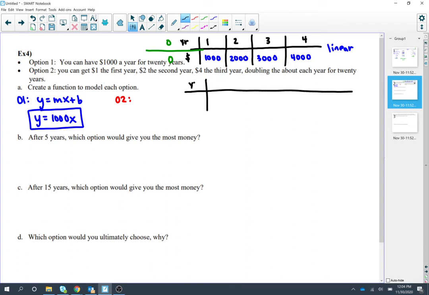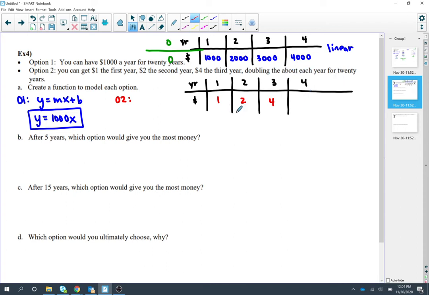So, year, money, 1, 2, 3, 4. And for option 2, after the first year, we get $1. Then in the second year, we have $2. And then in the third year, we have $4. And then they say we're going to double that each year.